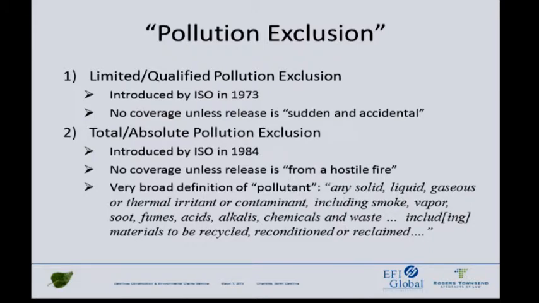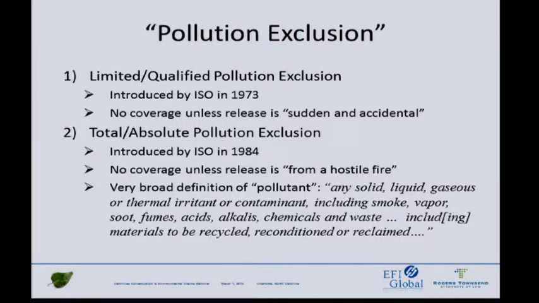Sometimes it's referred to as the sudden and accidental pollution exclusion. But whatever terms, essentially what they said is there's no coverage for pollution unless the release was, quote, sudden and accidental. It seems pretty straightforward. Okay? It had to be basically an accident that happened quickly.